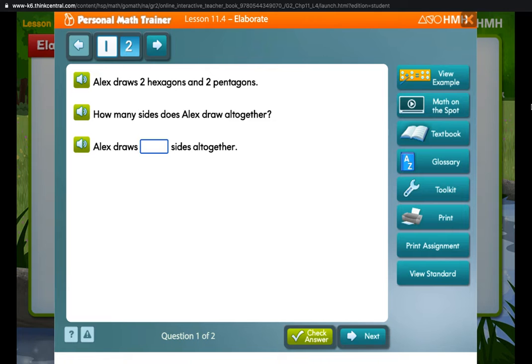So if you remember from when we learned about the names of some different types of two-dimensional shapes, we learned that a hexagon has 6 sides, right? So if he drew 2 hexagons, 6 plus 6 equals 12. And then we also learned that a pentagon has 5 sides.